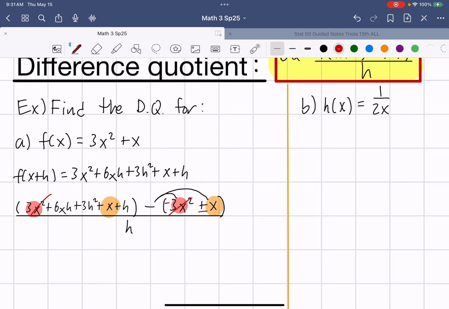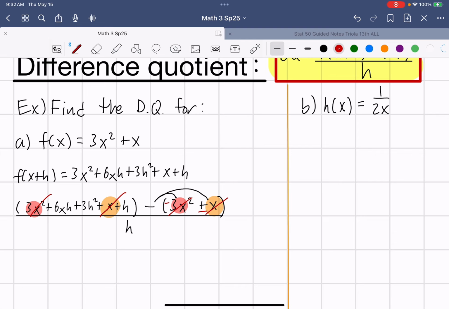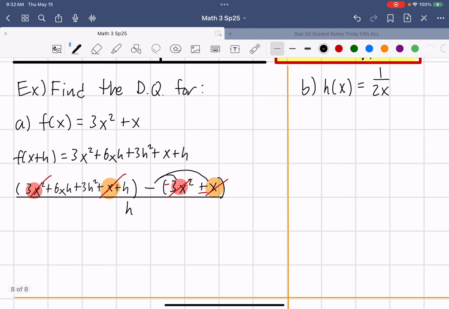One's positive, one's negative. That means they're going to cancel out. And we're going to be left with that 6xh plus 3h squared plus h all over h.